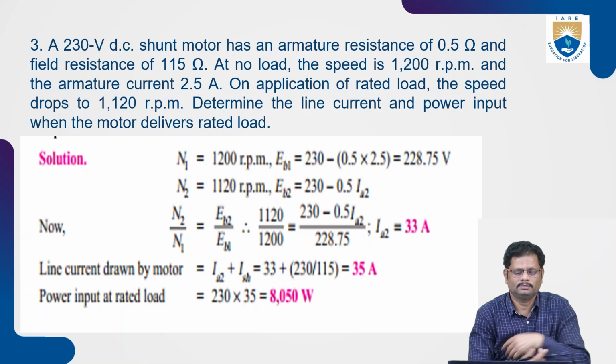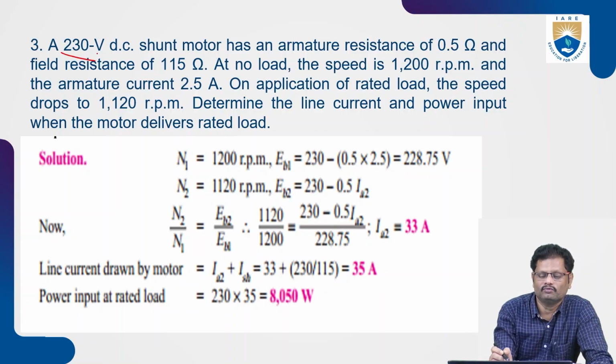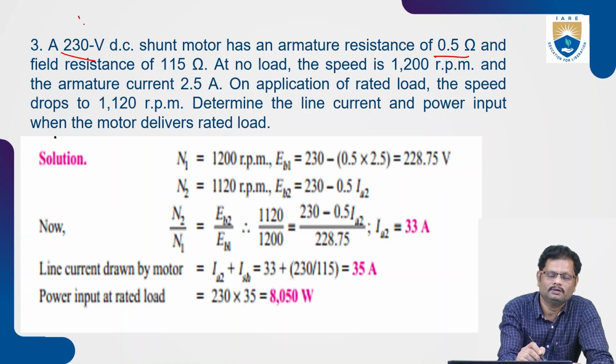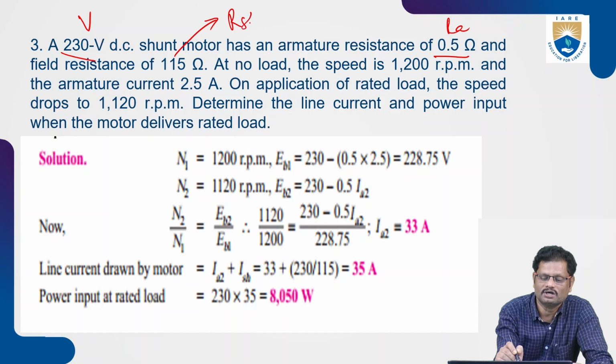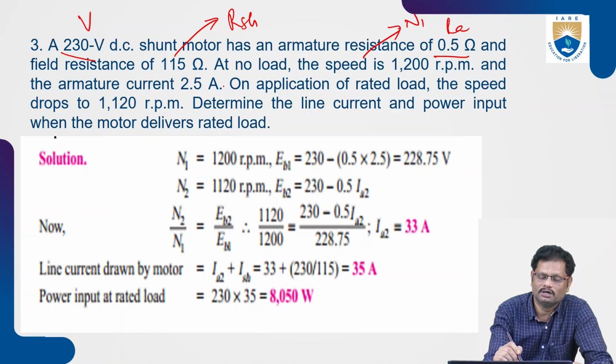So coming to the solution, first we will see what data is given. The voltage V is given and armature resistance 0.5 ohms is given. And for the shunt motor, the field resistance RSH is given. At no load, the speed 1200 RPM is given, and armature current 2.5 amps is given.